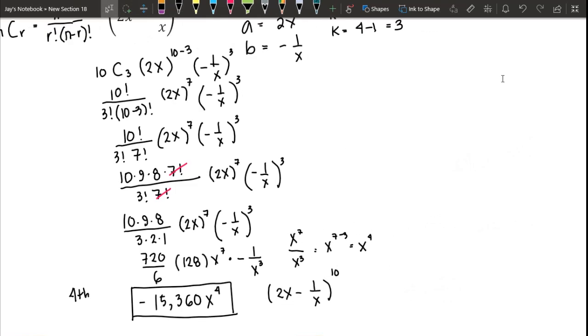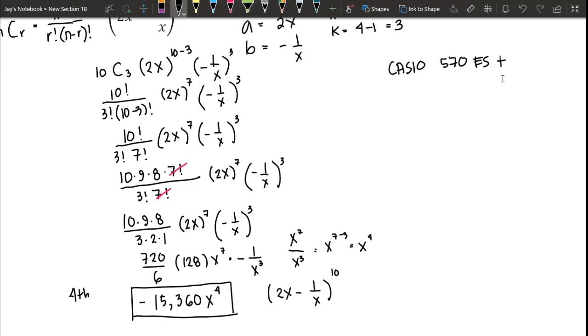However, guys, this solution might be too long. We can directly use our calculator to determine the coefficient of this expression. So we can use the combination option in our calculator. If you are planning to take the licensure examination for professional teachers, you can use the Casio 570 ES Plus calculator.